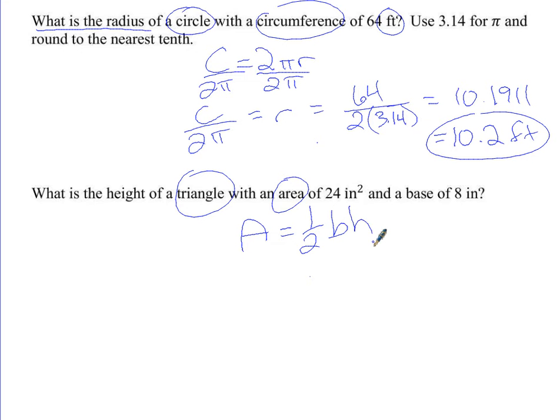Okay? Now what did they give me? They told me the area and they told me the base, and what am I looking for? H, the height. What is the height? So what should I do with my area formula here? I don't want to substitute yet.